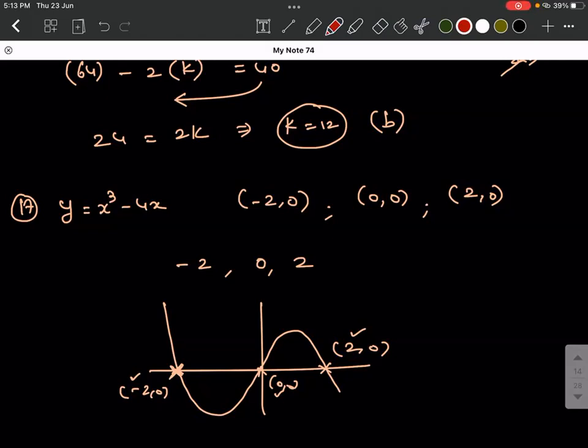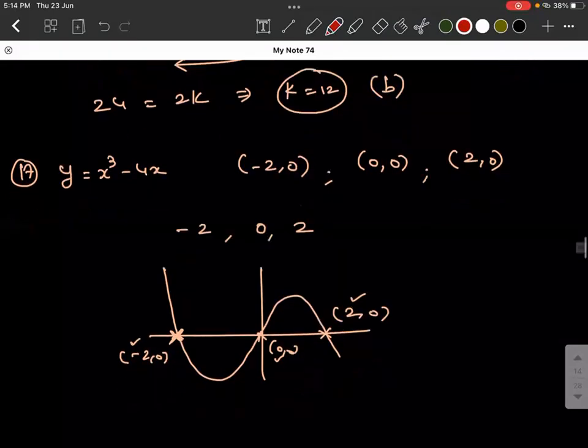Okay. So if you look at the 18th question, it is exactly the reverse of it. There is a graph of a polynomial that cuts the x-axis at 2 places and touches the x-axis at 4 places.